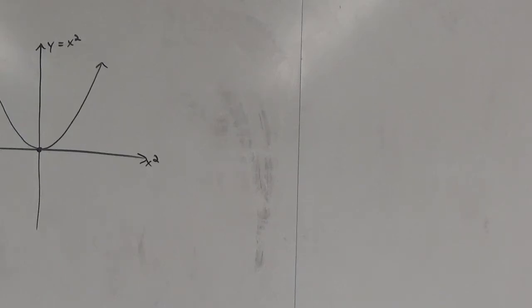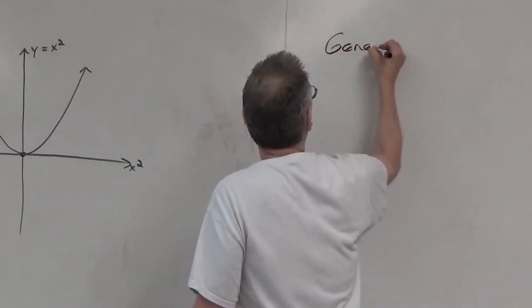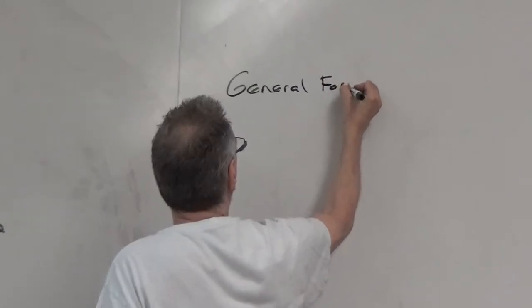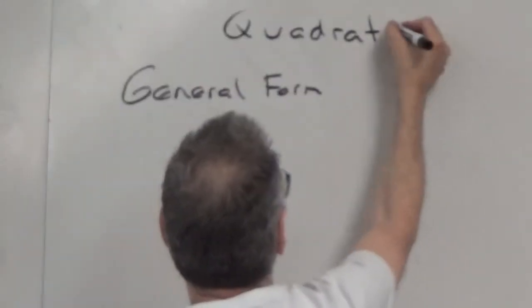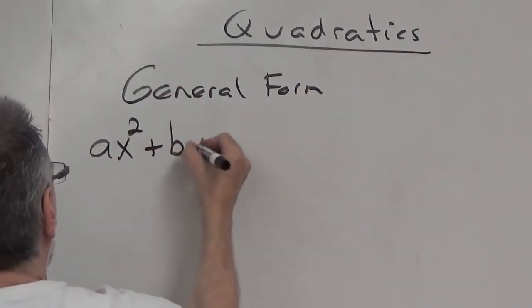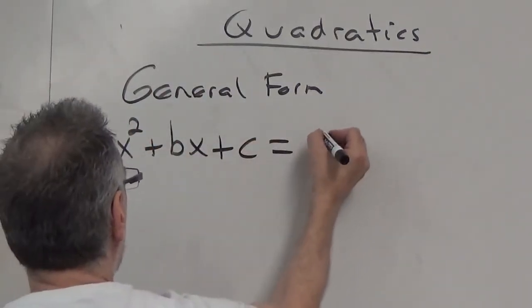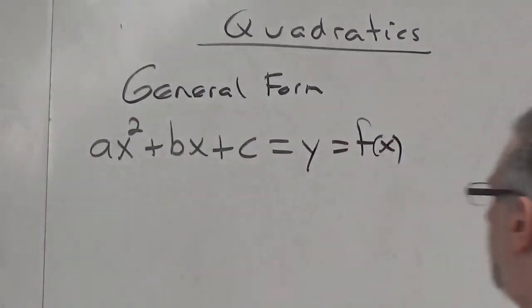Standard form. All right, so we looked at the general form back in chapter 3. General form for quadratics, and that was our ax squared plus bx plus c equals y. Remember, y is the same thing as f of x.